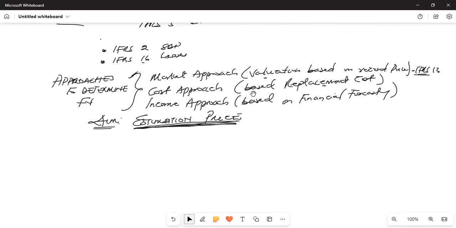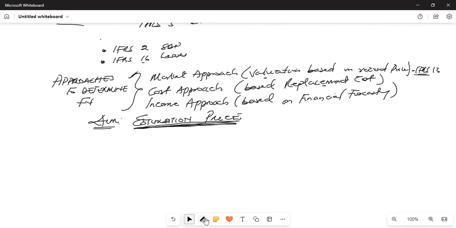These ones are entity-specific, because the cost approach is the cost that the entity thinks it can replace the asset for. Income is based on the future cash flow of the entity using the asset. So these two are the cost or the entity-specific approaches.